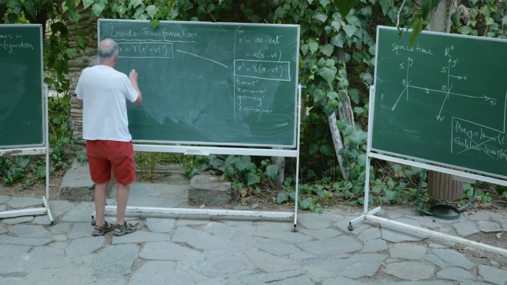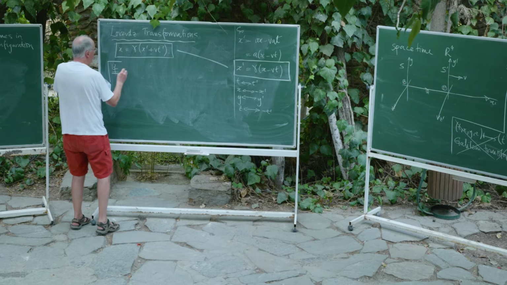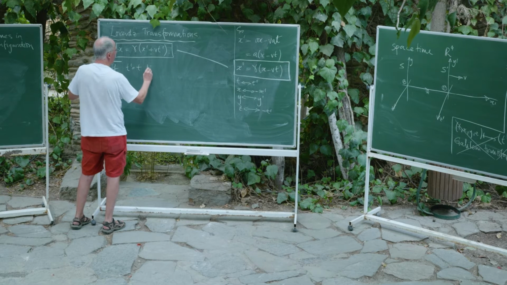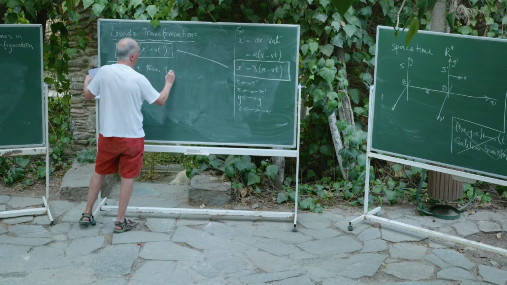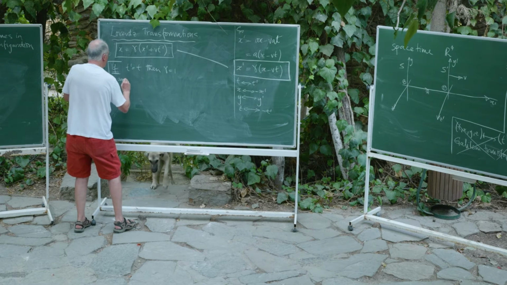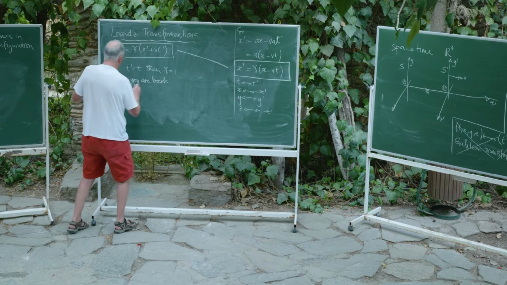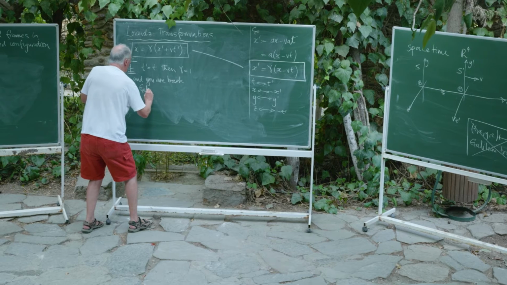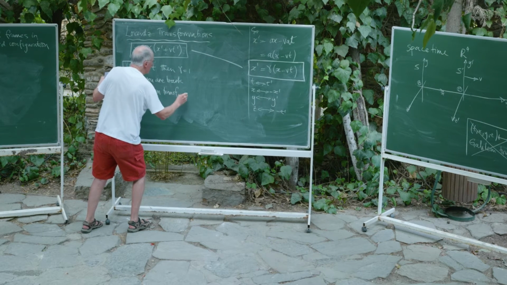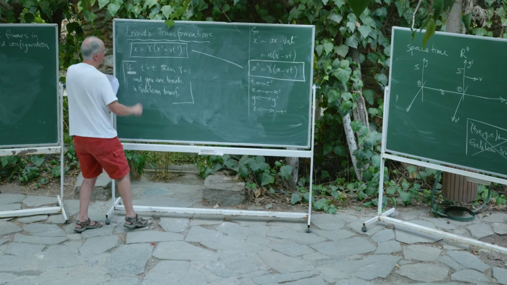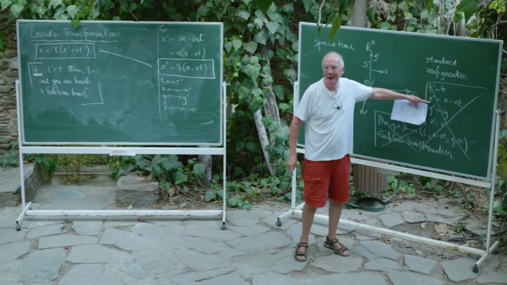So this is an aside: if t dashed equals t, then you get gamma equals 1, and you are back in Galilean transformations. Because if gamma is 1, then x dashed is x minus vt, and you're back here.